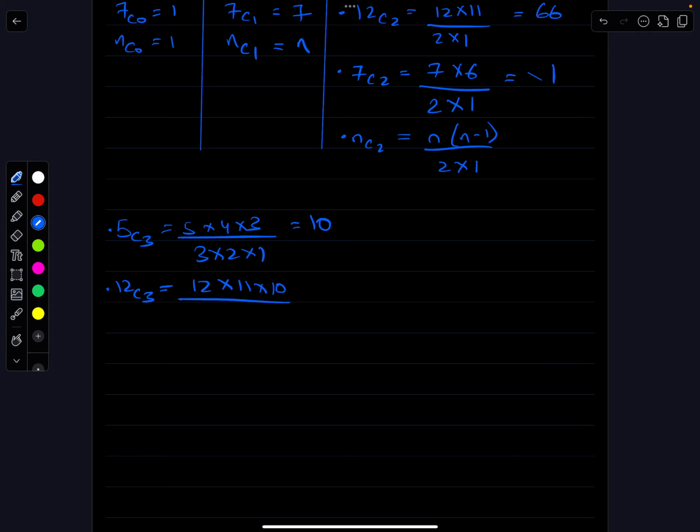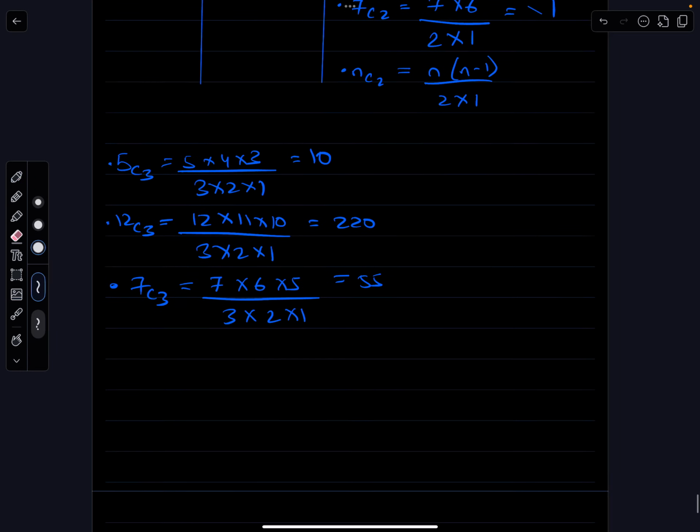So 3, 2, 1. This turns out to be 220. So 7C3 is 7 into 6 into 5 over 3, 2, 1. This turns out to be 35. And finally, nC3. So n, n minus 1 and n minus 2 from observation. This is universal.